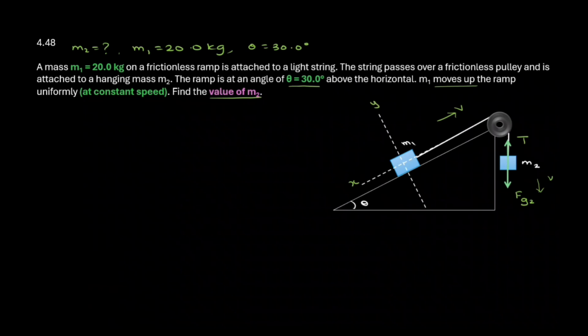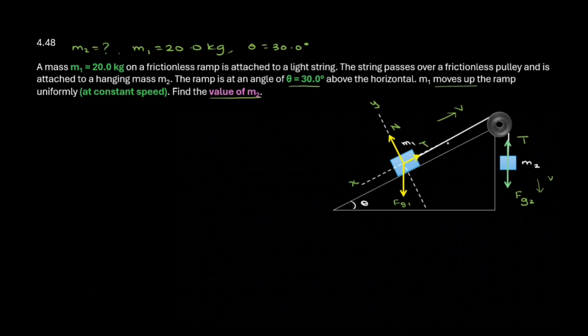Then we will show the forces acting on mass m1. First, we will show the force due to gravity, which acts vertically down. We call it Fg1. Then we show the normal force acting perpendicular to the surface of the ramp. We call this N. And then we have the tension in the string pointing towards the point of suspension.